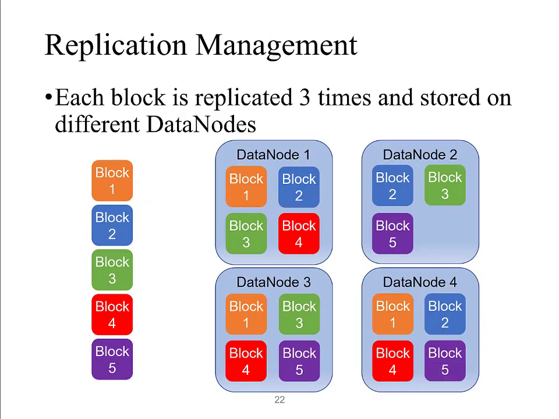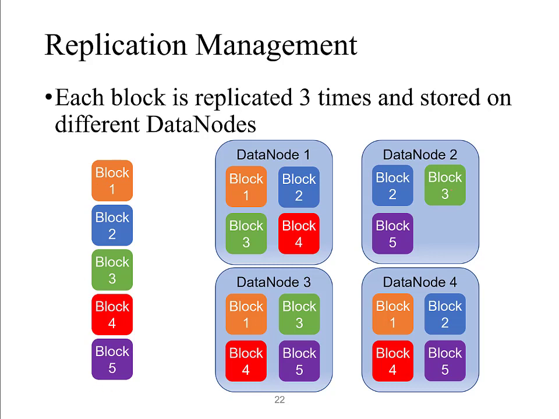So let's see this example of how the replications are managed. So where to store these replications? The whole idea of replicating 3 times and storing on different data nodes is that whenever one data node fails, we can recover the data from other data nodes. For example, we have 5 blocks here.